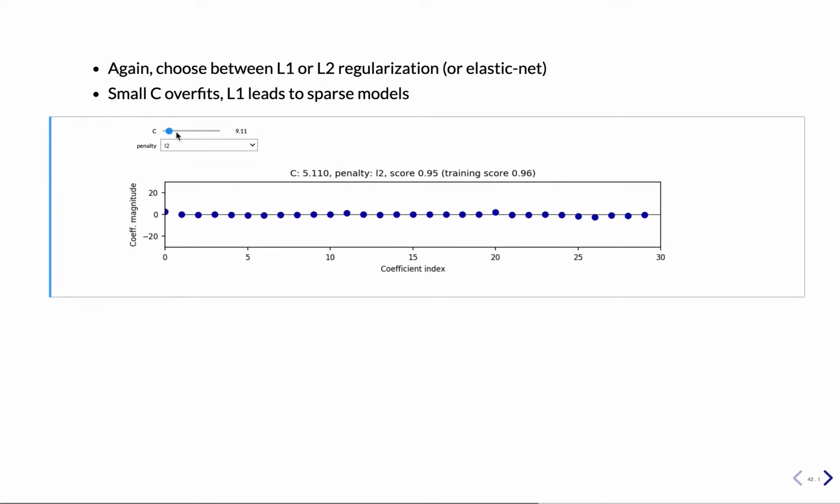So it's the same thing as we saw with Lasso and Ridge. And again, when we choose L1 or L2, we typically choose L1 when you want a sparse solution, when you want to eliminate features, and when you want fast predictions. And if you want to have both, you can also use ElasticNet.